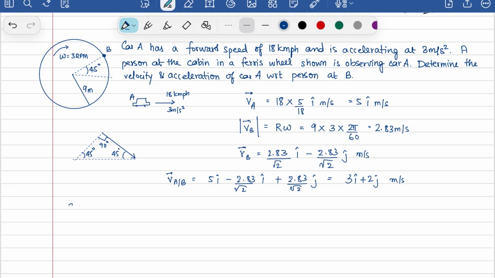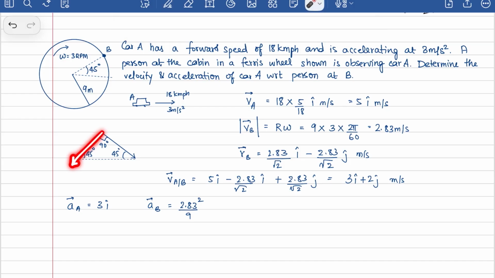Okay, I'm going to do it now. So acceleration of A is 3 i hat. Acceleration of B is just v squared by r because there is no tangential component. So it is 2.83 squared divided by 9. In what direction? It will be towards the center.